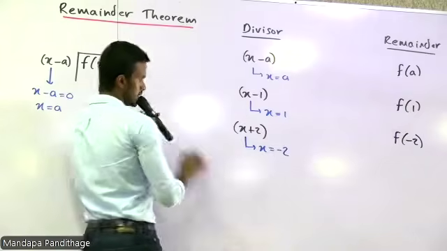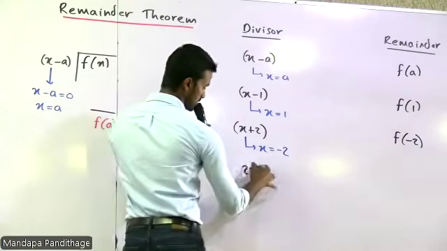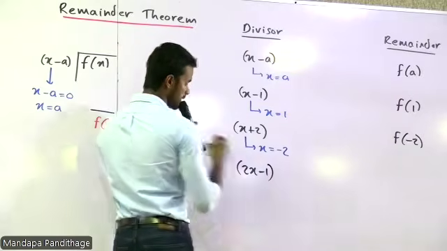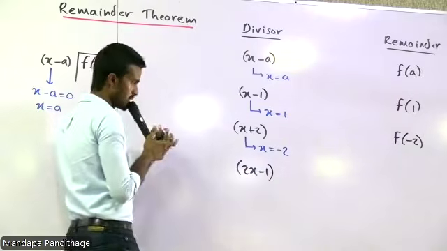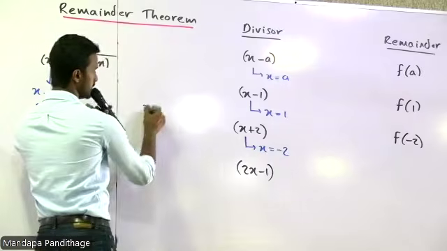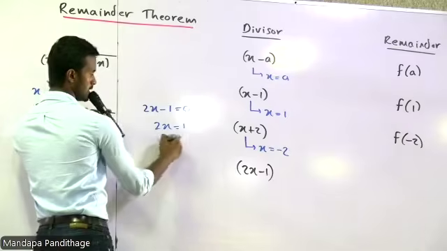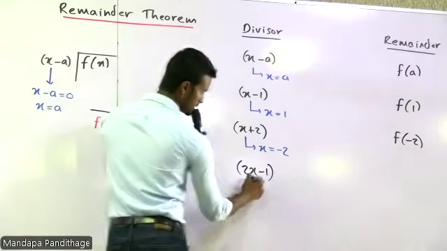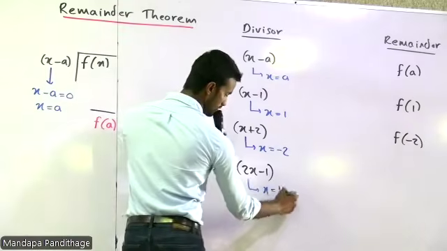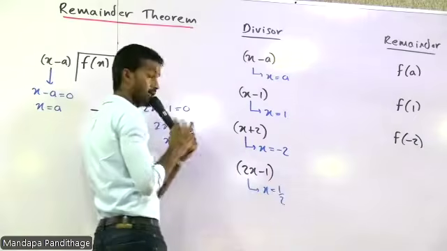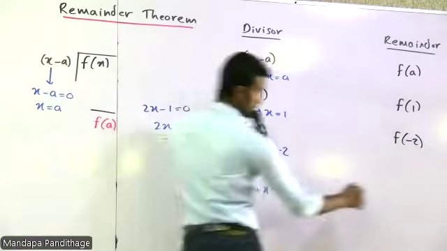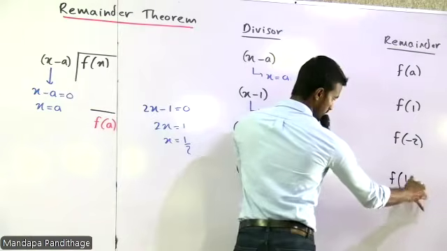Okay. So if you consider 2x minus 1, I know 2x minus 1 becomes 0 when x is equal to half, which means the remainder is f(half).